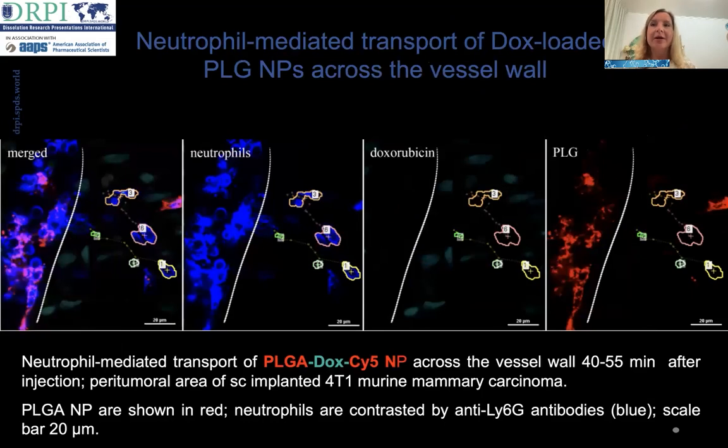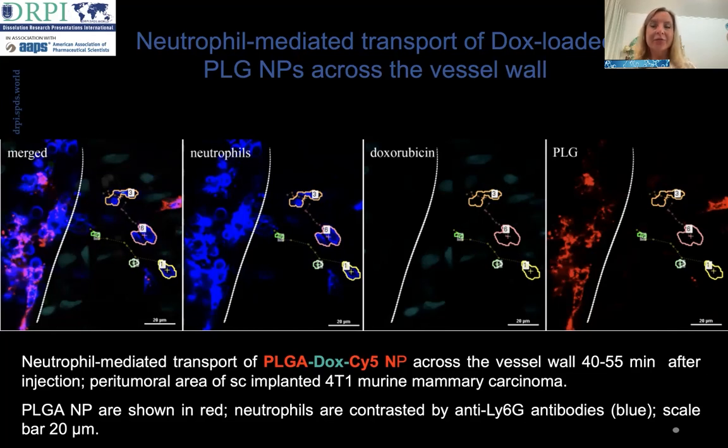the unspecific adsorption of the nanoparticles to the blood cells, red blood cells in particular, is replaced by their redistribution to the immune cells that are able to capture nanoparticles and mediate their trafficking across the vessel wall to the tumor site.